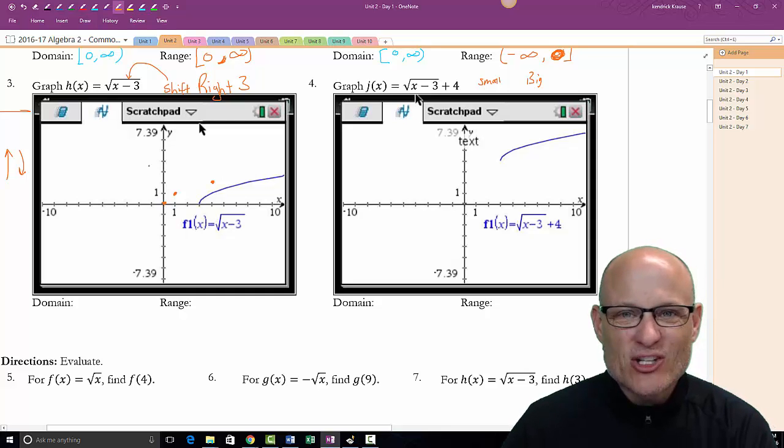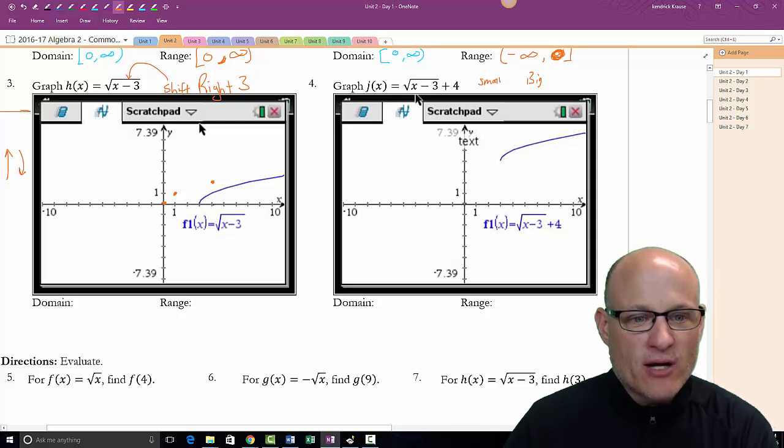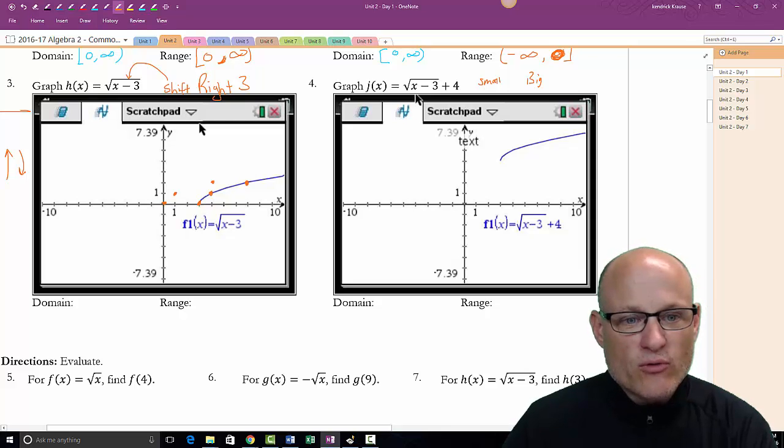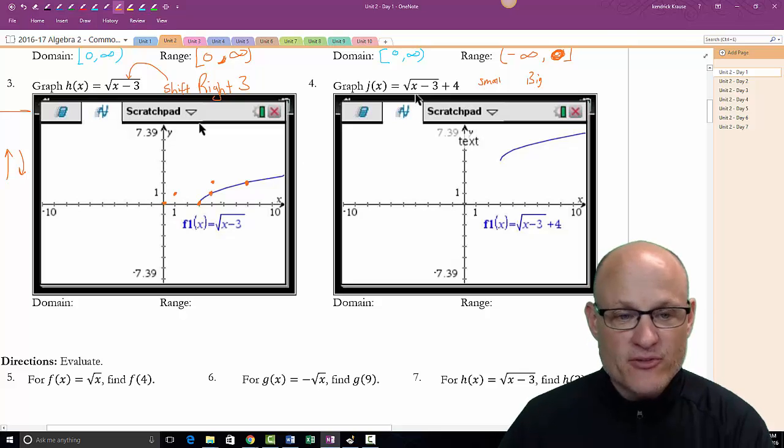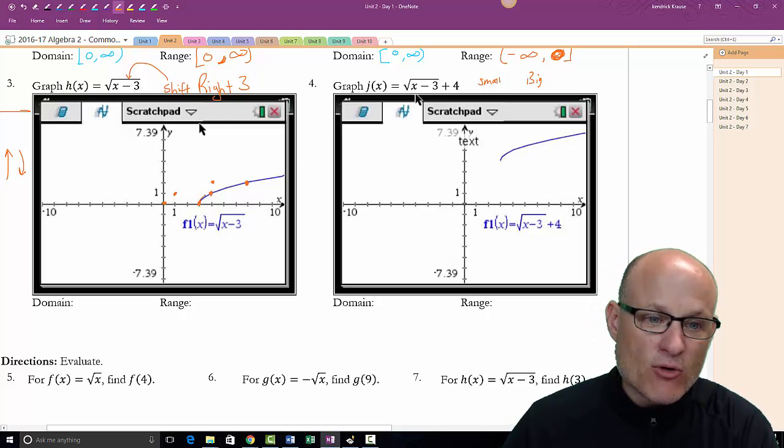But now everything's going to shift to the right 3 units. So now this 0, 0 is going to go over here. I go over 1 and up 1. Then I'm going to go over 4 and up 2. Now the next one I would go over 9 and up 3 from this point. But that gives me my graph right there.